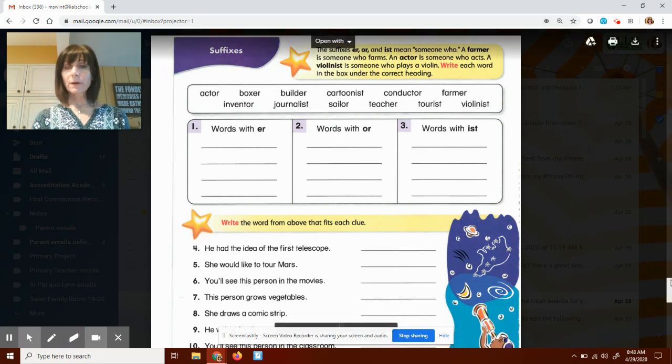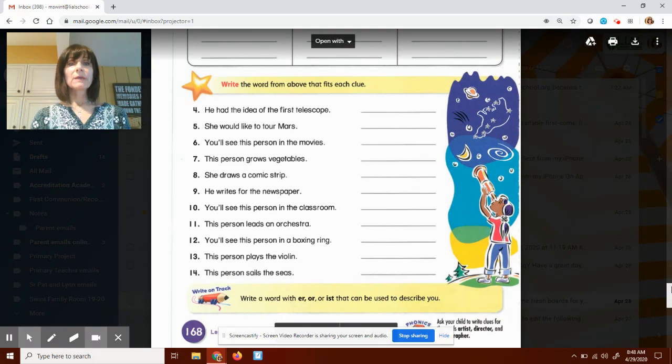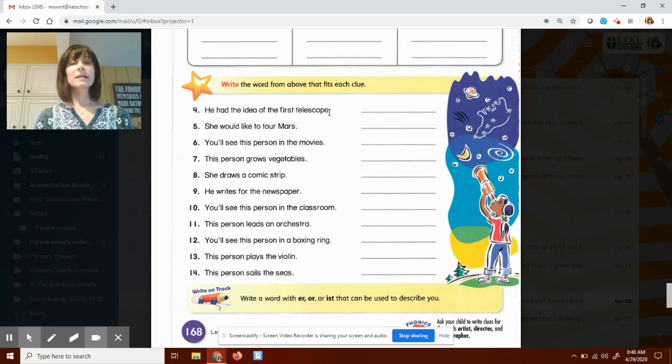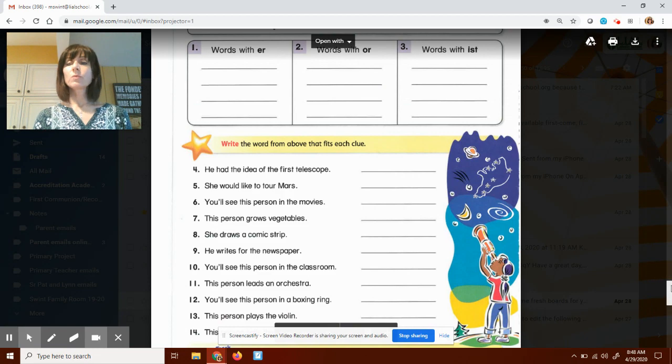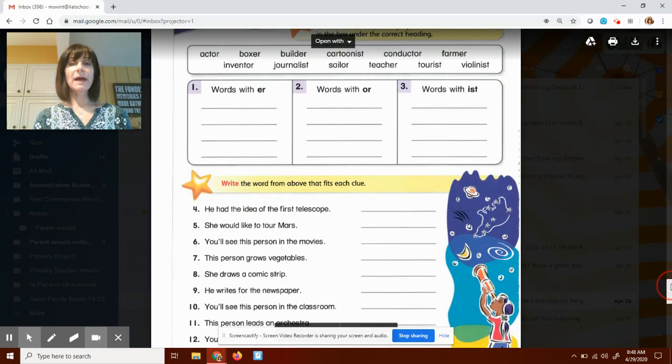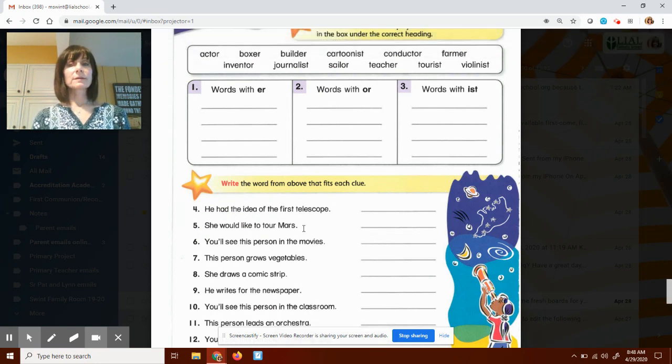On the bottom part of this sheet, they want you to write the word from above that fits each clue. So he had the idea of the first telescope. If I look at my word bank, which word would fit best for that? She would like to tour Mars.